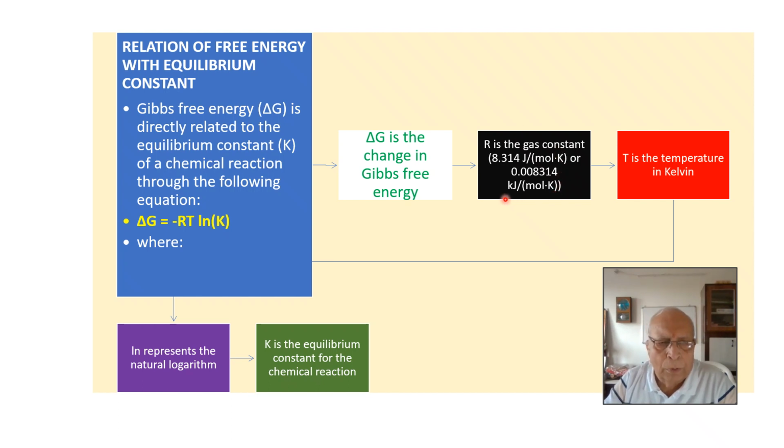And therefore, in this equation, one has to be careful about the substitution of the value of gas constant R. Either of the two can be substituted depending upon the conditions or the values given in the problems. T, of course, is the temperature in Kelvin, and K is the equilibrium constant of the reaction.